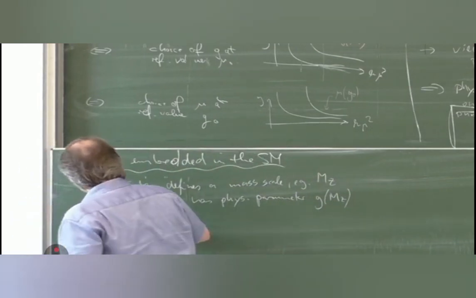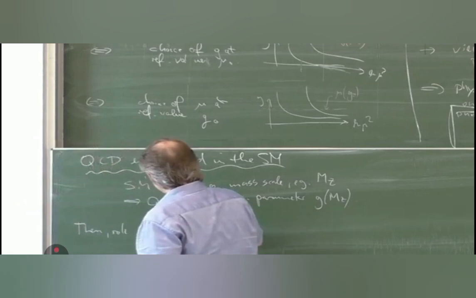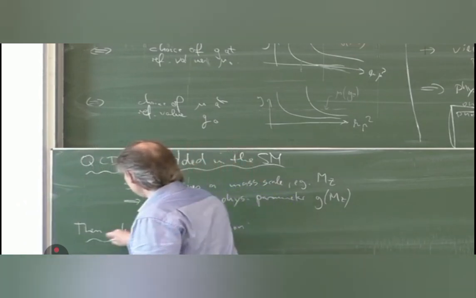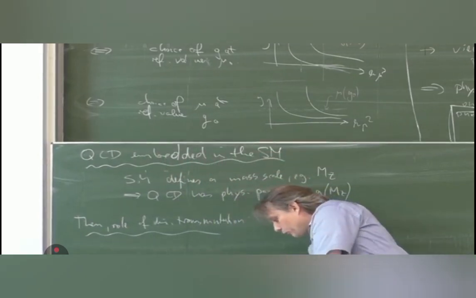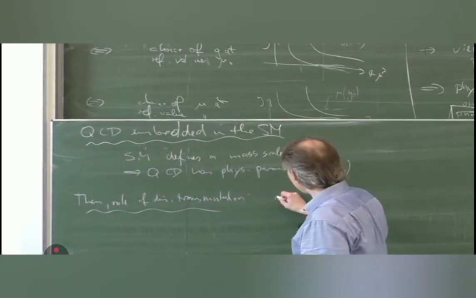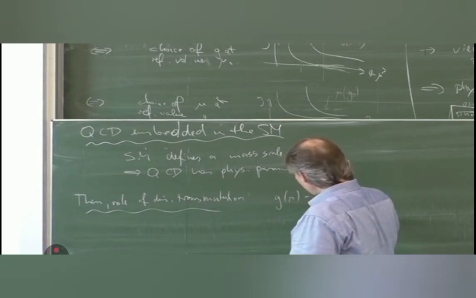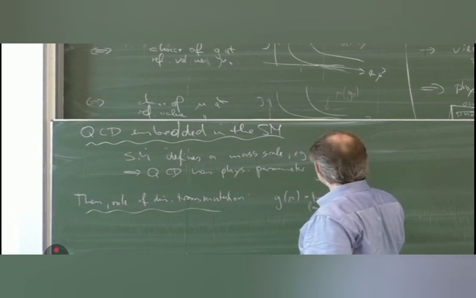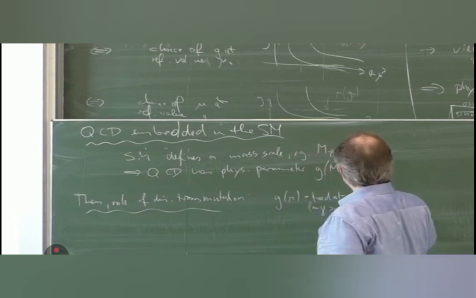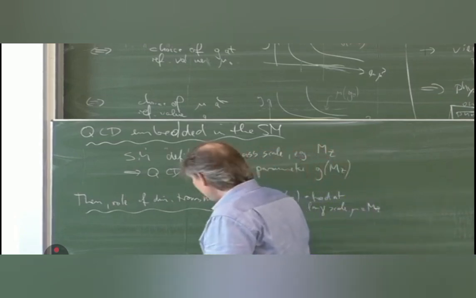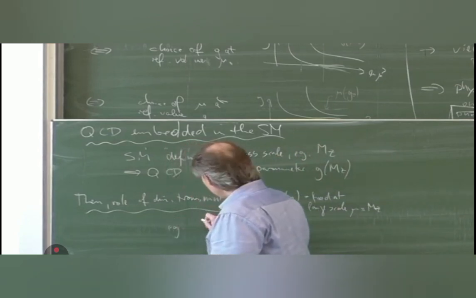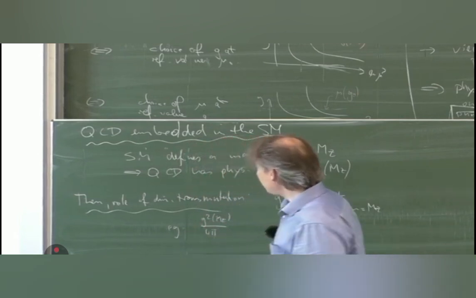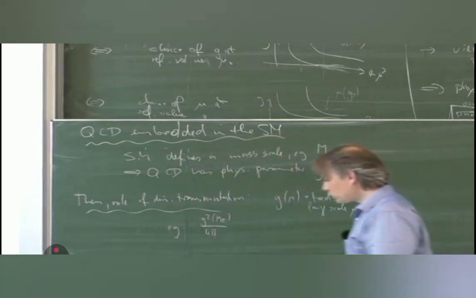Then the role of dimensional transmutation. It is basically an interesting calculation that you can do. g of mu is fixed at some large scale, say m_Z, and numerically we would get g squared divided by 4 pi, which is alpha_s, the strong coupling constant.